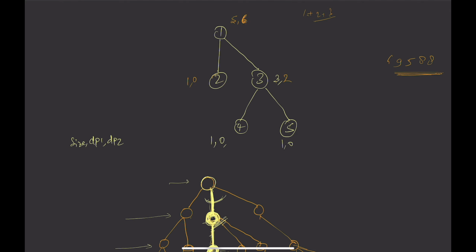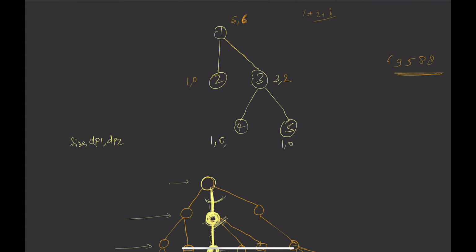Is it 6? So 1 plus 2 is 3, 3 plus 2 is 5, and 5 plus 1 is 6. That means the size is 5.